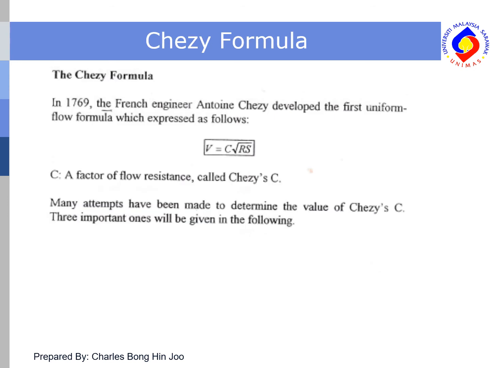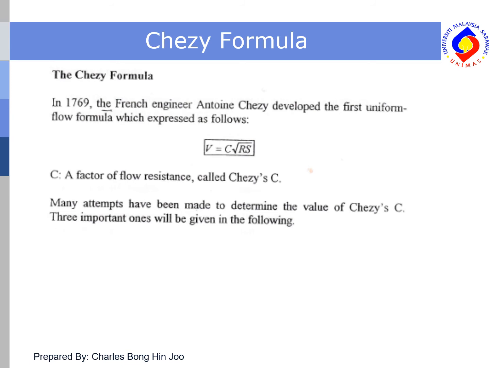An example of this form of formula is the Chezy formula. Chezy formula was developed in the year 1769 by a French engineer, and it can be considered as the first uniform flow formula.